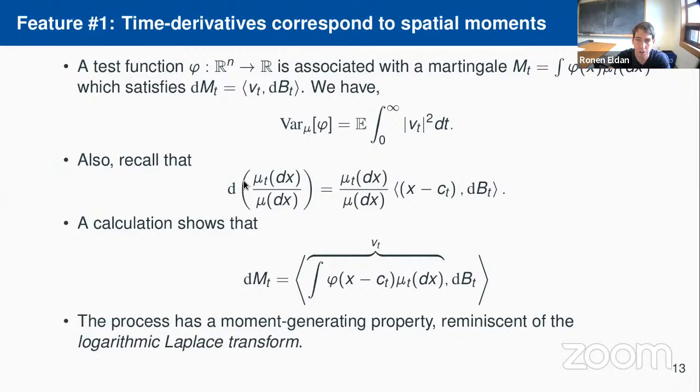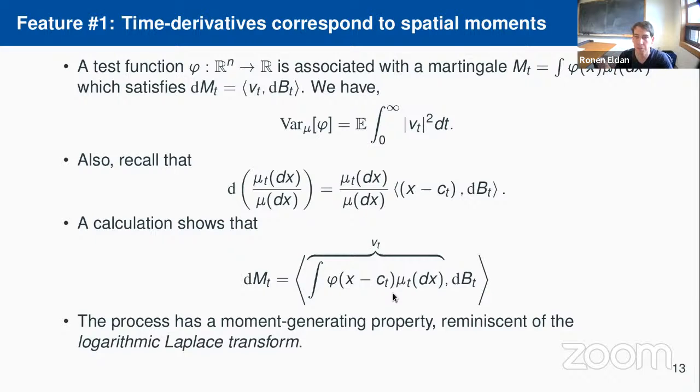So the differential, by definition, of this measure valued process is the same process, but we always multiply by this linear factor. So whenever we take the time derivative, this linear factor in x kind of pops out of the equation. And if we just plug this fact into the definition of M t, what we will get is that the differential of this Martingale is the vector vt, which is just some kind of spatial moment of my measure mu t.